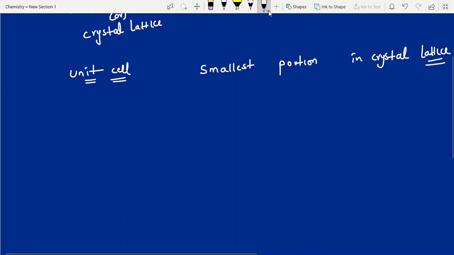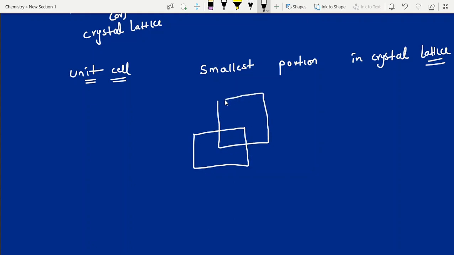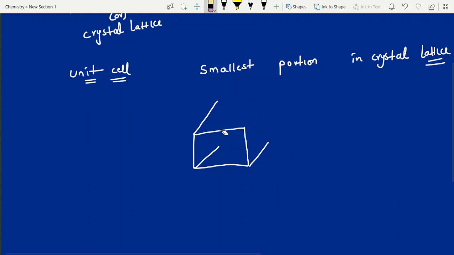Now I am going to draw the structure, students. The cube unit cell, the simple smallest portion, I am writing separately here. This is one square. Take another square like this. Simple. That's all, students. This is a unit cell. Okay, clear?